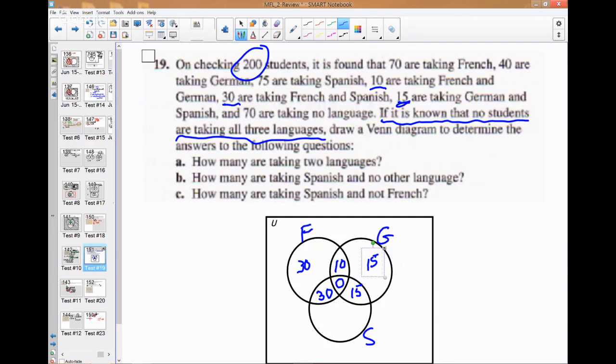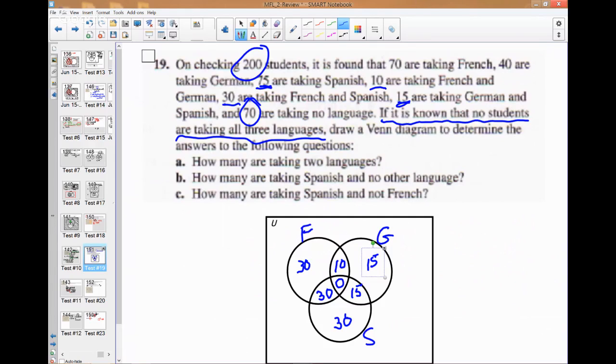Did you notice that? Oh yeah, they did right here. 70 are taking Spanish. 75. What do we have right now? 45? And then they gave us one other thing, didn't they?